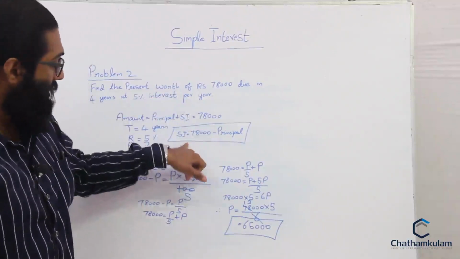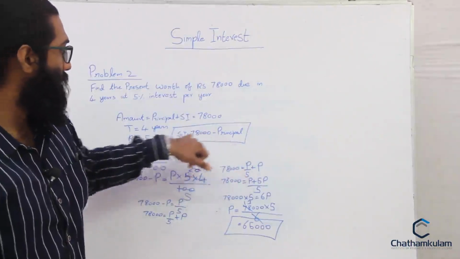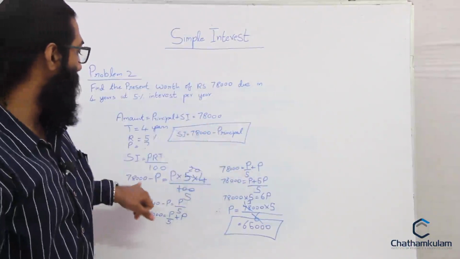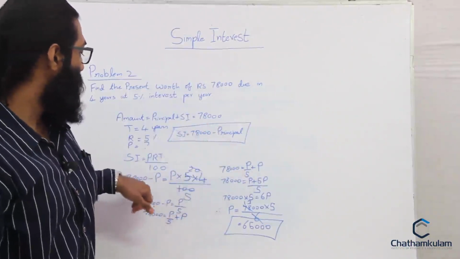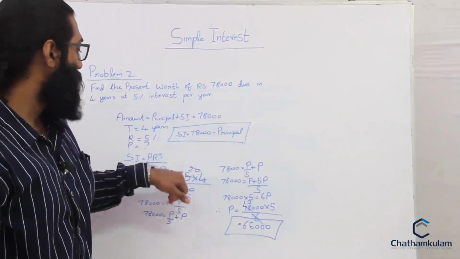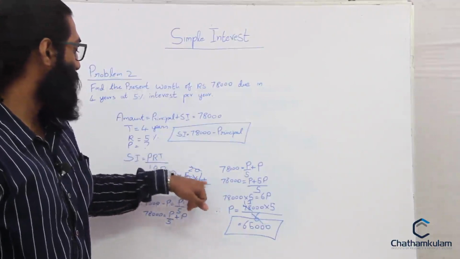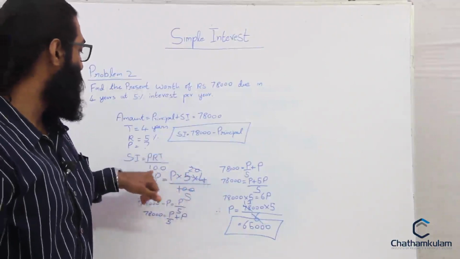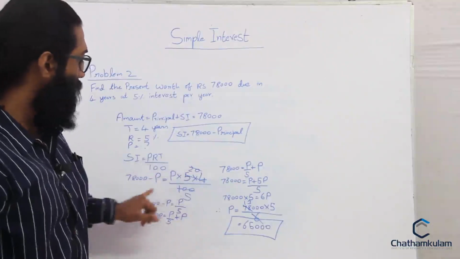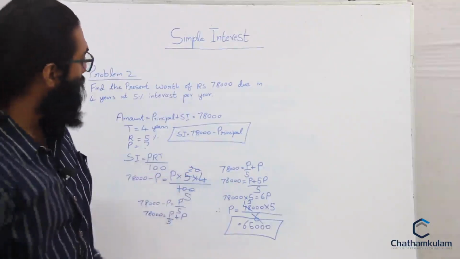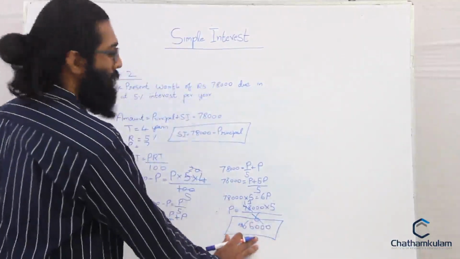We calculated the simple interest as 78,000 minus the principal amount. We substitute the values: 78,000 minus P equals P into 5 into 4 by 100, where 5 is the rate of interest and 4 is the time period. We solve for P and get rupees 65,000 as the principal amount.